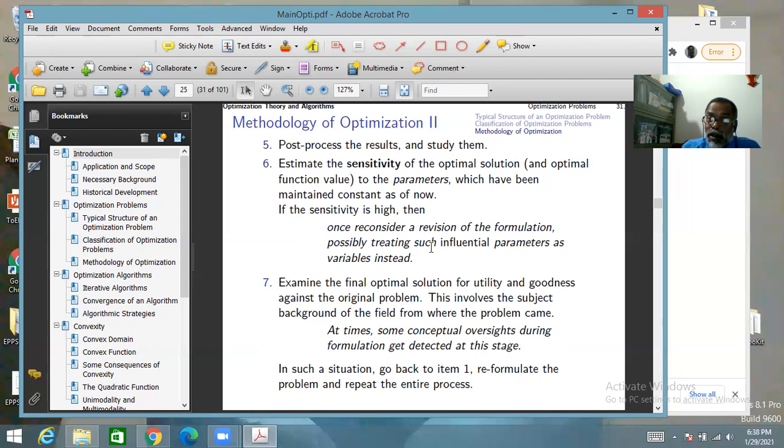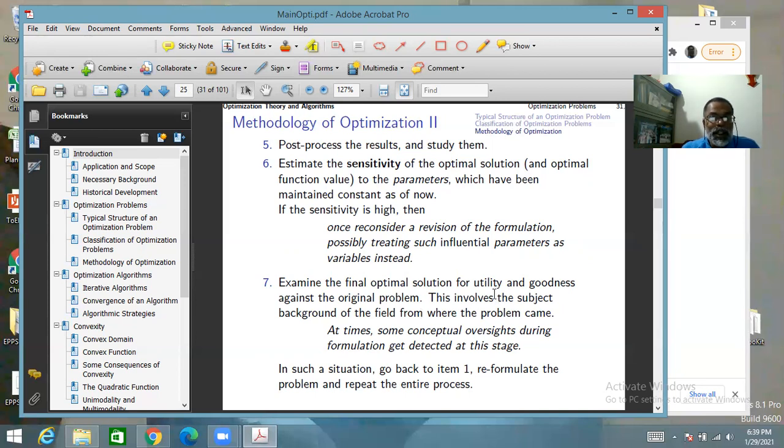Now, if you make a revision, then the earlier steps you have to repeat. Earlier three steps. Now, examine the final optimal solution for utility. You go back to your field from where you picked up the problem and check it there.